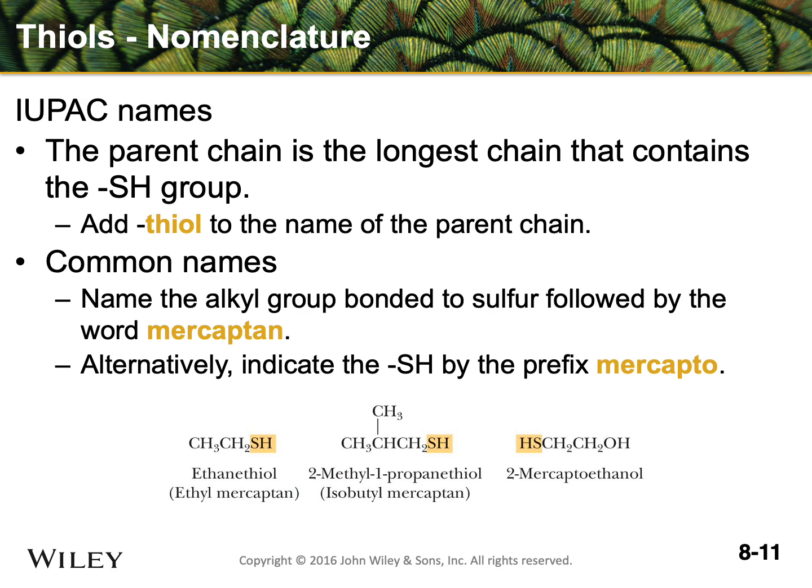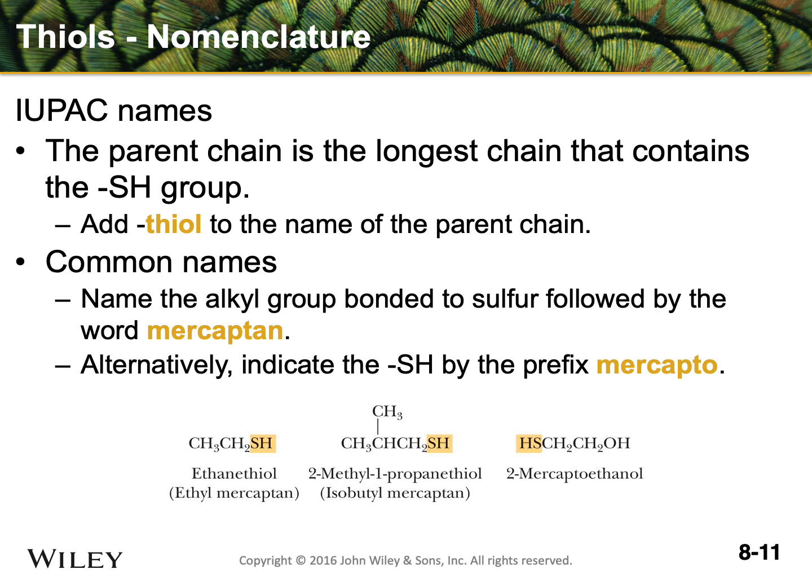Alternatively, if you have the SH as a substituent on an otherwise already named parent compound, you have the prefix mercapto. So let's look at the compounds at the bottom here. We have an ethyl group, and so we have ethanethiol, or in common names we have ethyl mercaptan.